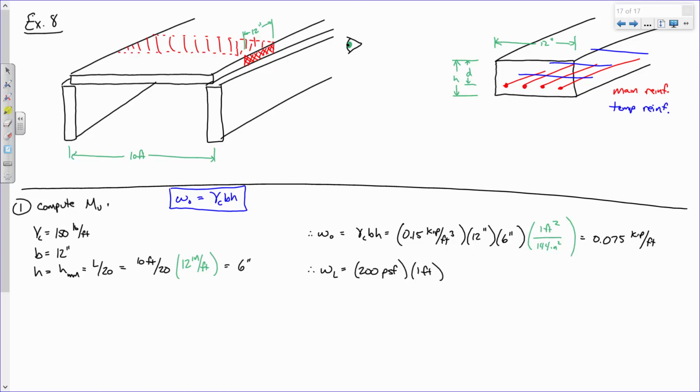And it makes the math a whole lot easier because 200 pounds per square foot times 1 foot is just 200 pounds per foot, or 0.2 kips per foot. Does that make sense? Okay.